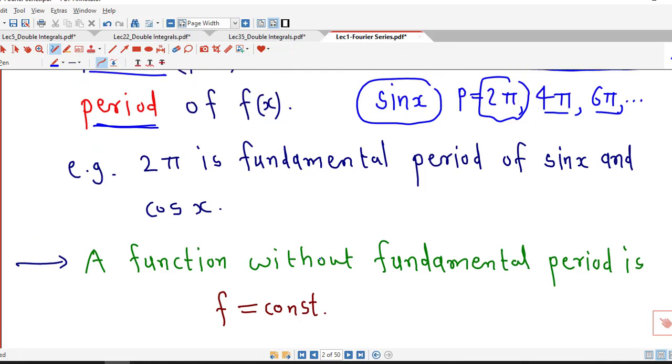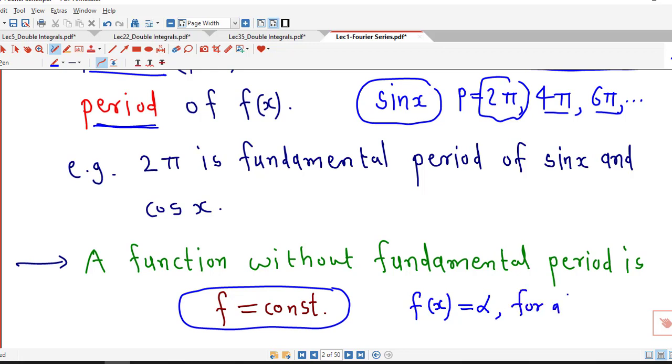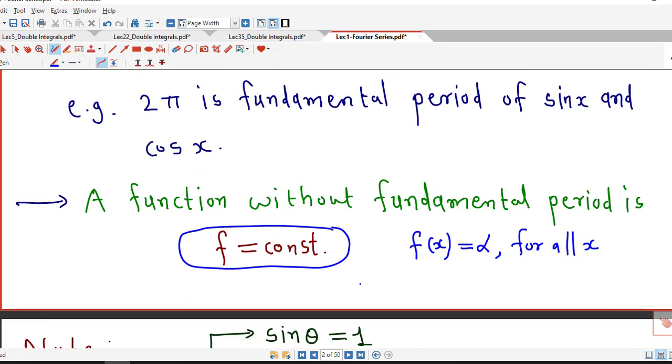And a function without a fundamental period is a constant function, because suppose we consider f(x) equal to alpha for all x. Then we can say that for any positive real number p, f(x + p) is also equal to alpha, because the value of the function is constant at every point.